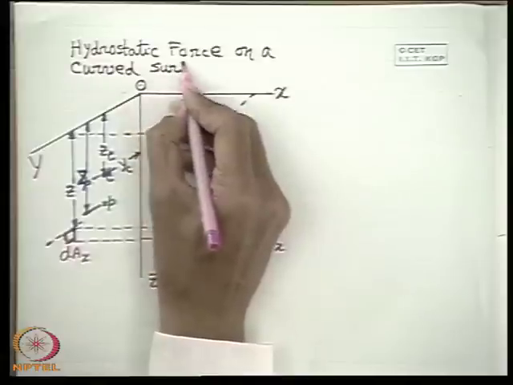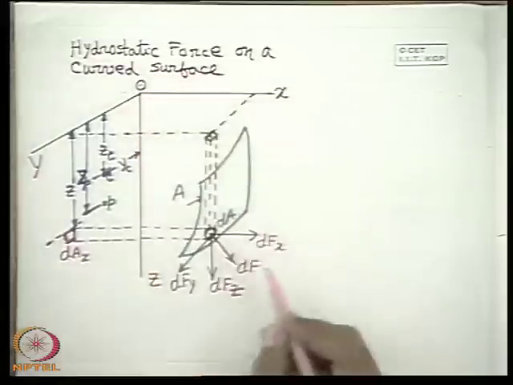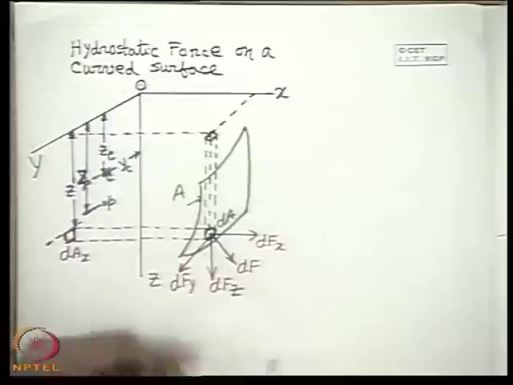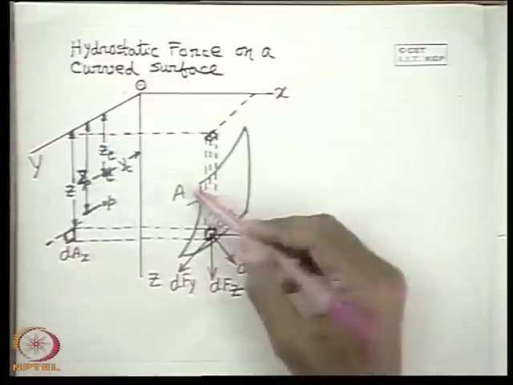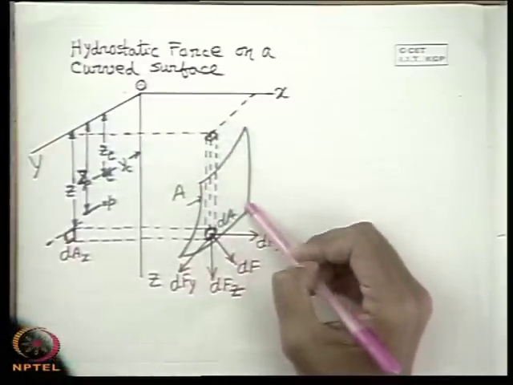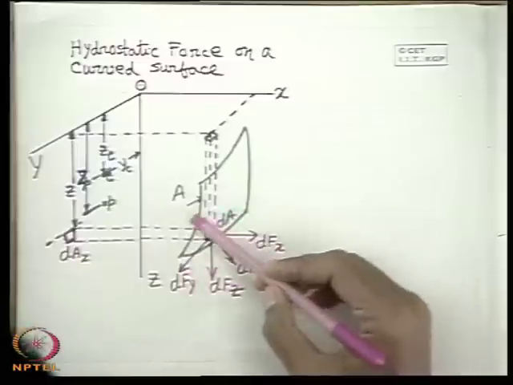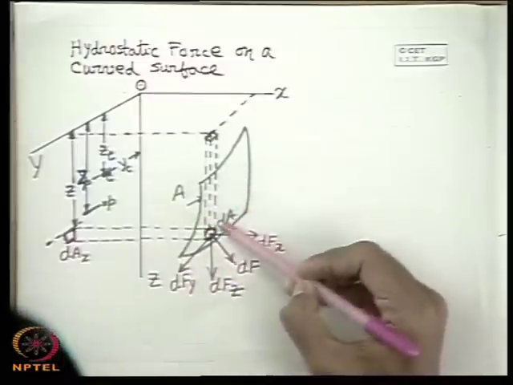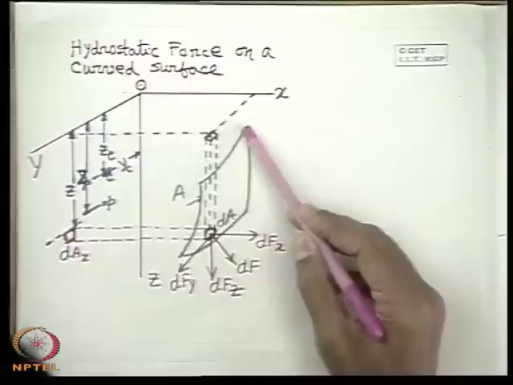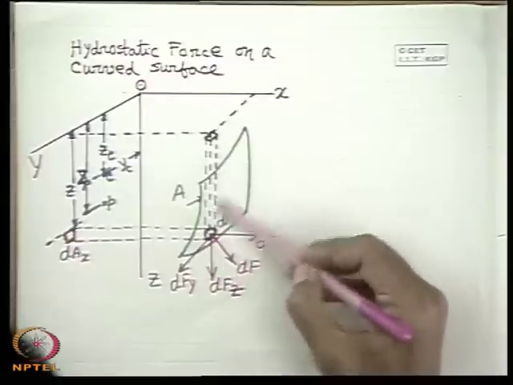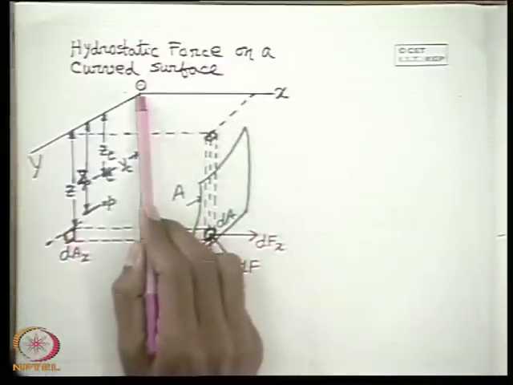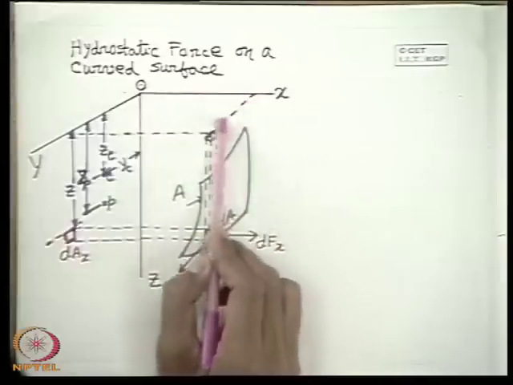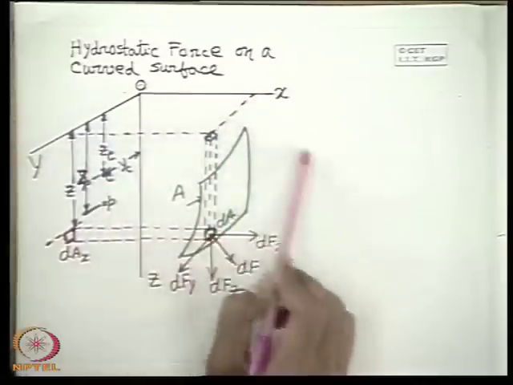Let us see here in general a curved surface. So, this is a curved surface, which in general has curvature in both the directions. A general curved surface which has curvature in both directions is immersed in a fluid whose free surface is this one, in an expanse of fluid.